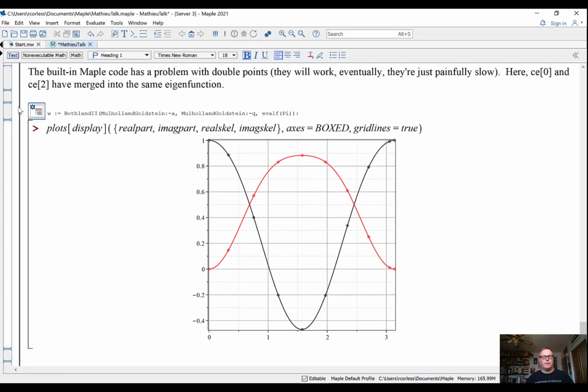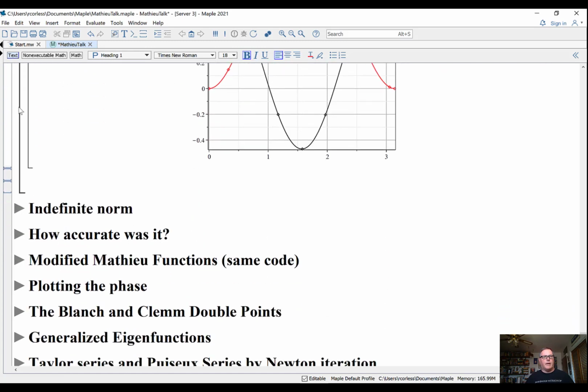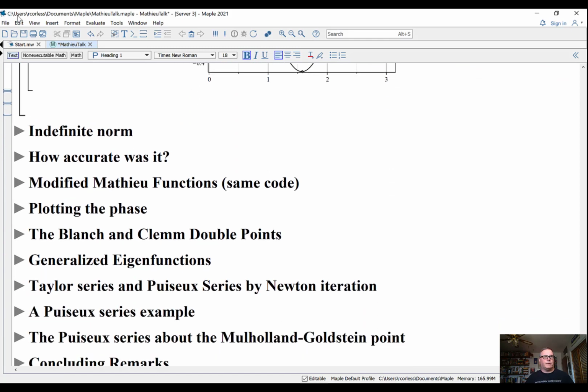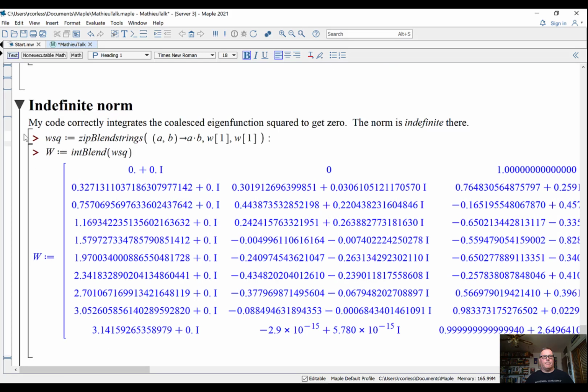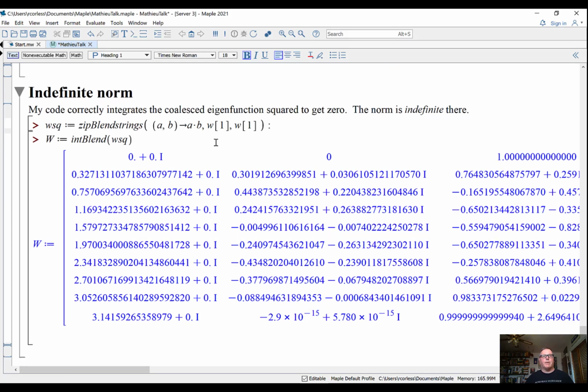So there's the solution, and just to show you that the norm really is indefinite, I take my solution and I zip two things together. So I take the complex solution for, I think it's probably C0, which has merged to C2 at this point, and I multiply it with itself.